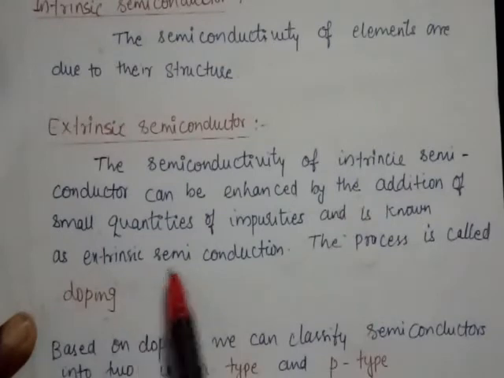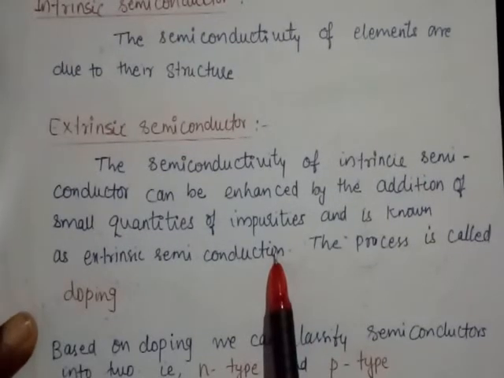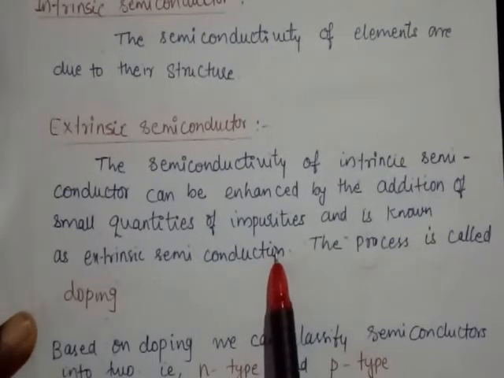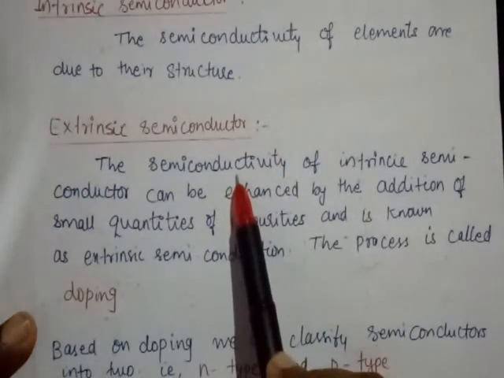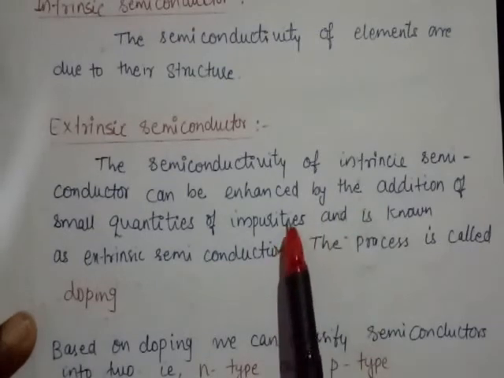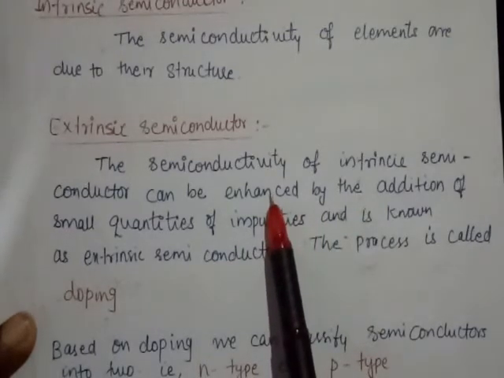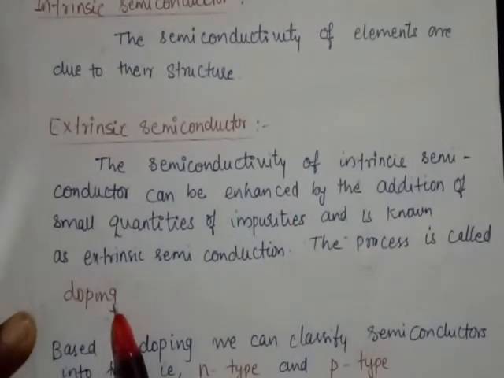We know that semiconductors are not good conductors, so we make modifications to increase their conductivity. One modification is adding some impurities to the intrinsic semiconductor, which increases its conductivity. The process of adding impurities to enhance conductivity is called doping. I hope you understand.